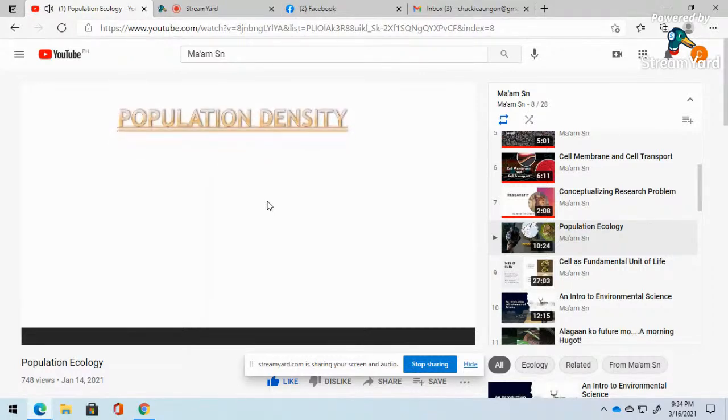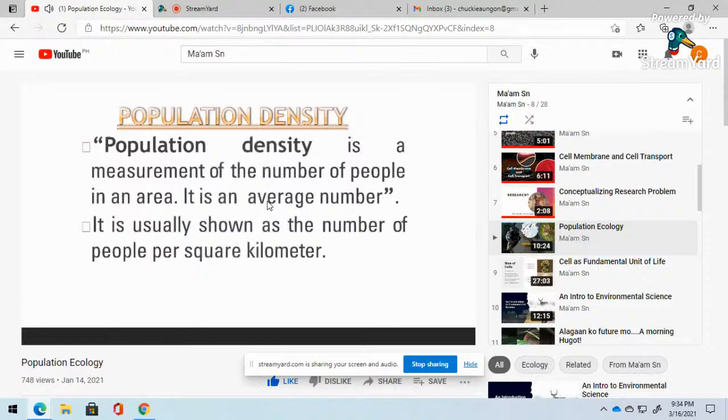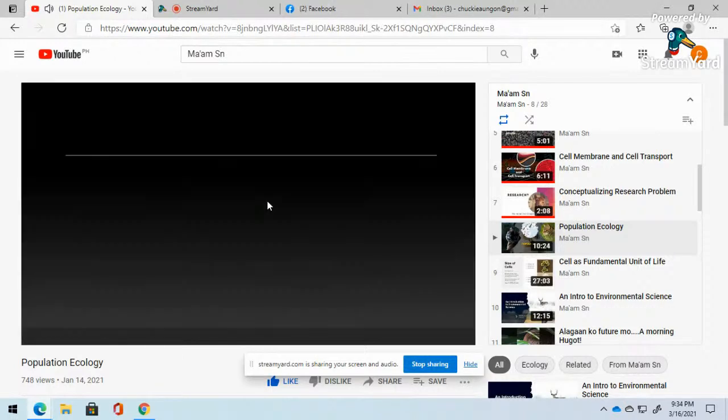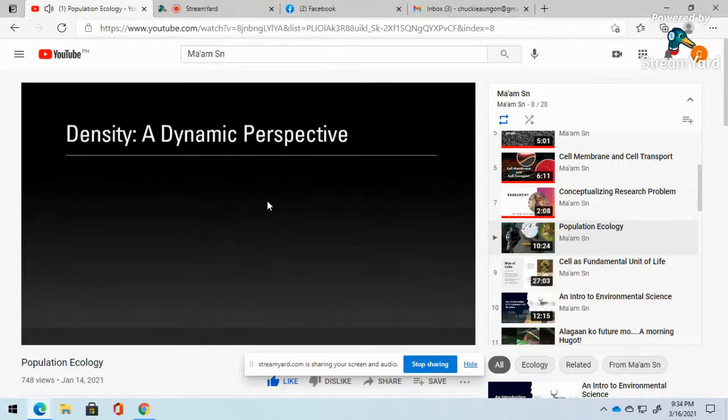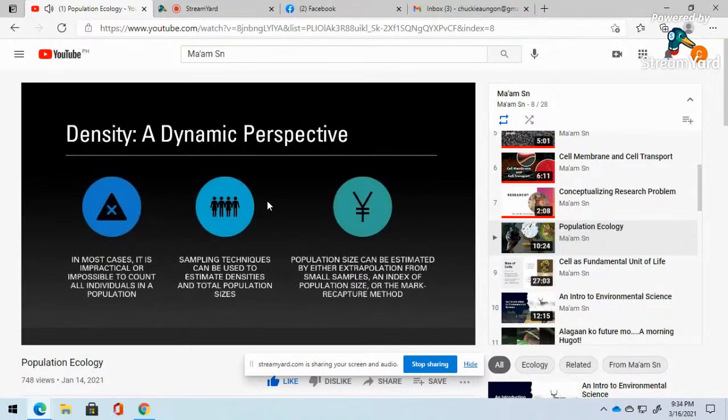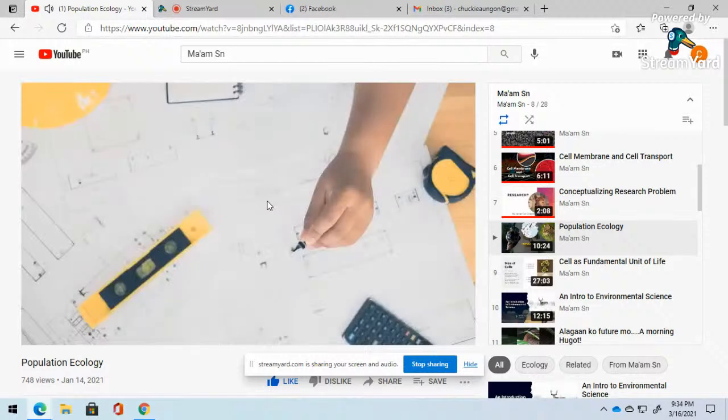Population density. Density and dispersion. Density is measured in two methods: total count method and sampling method.